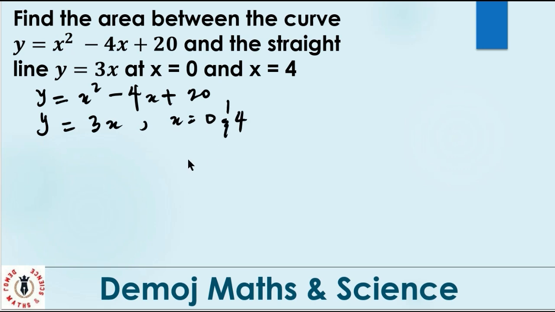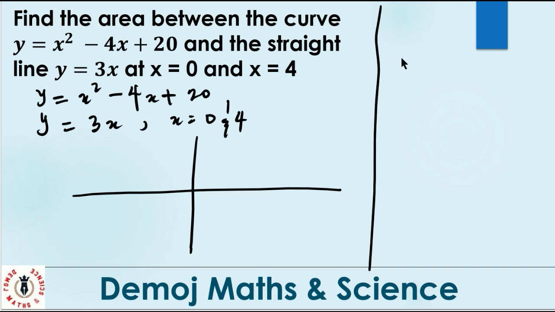Now, the first thing we want to do is to draw these lines, see their points of intersection, and see the difference between the curve and the straight line. The first thing you should note is the straight line is given as 3x. The equation for a straight line, from our fundamentals, is y equals mx plus c, where c is the intercept with the y-axis.